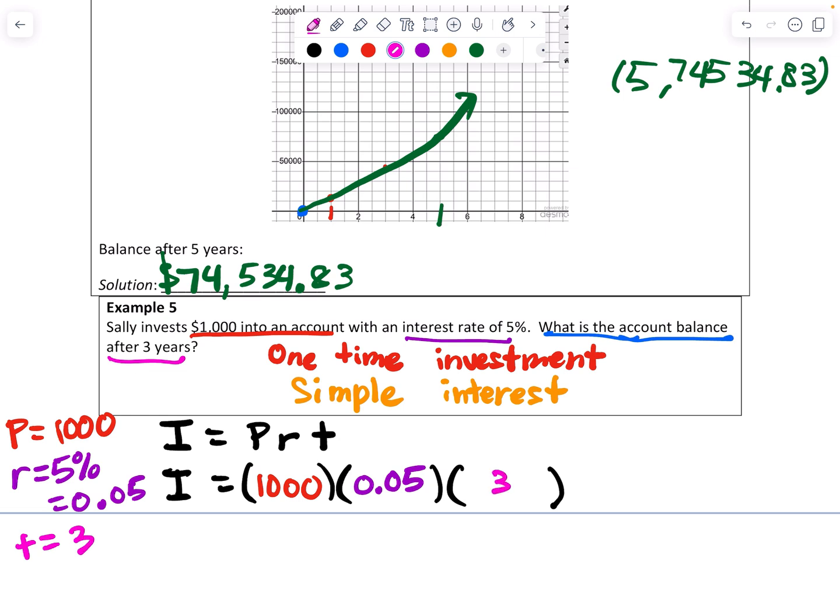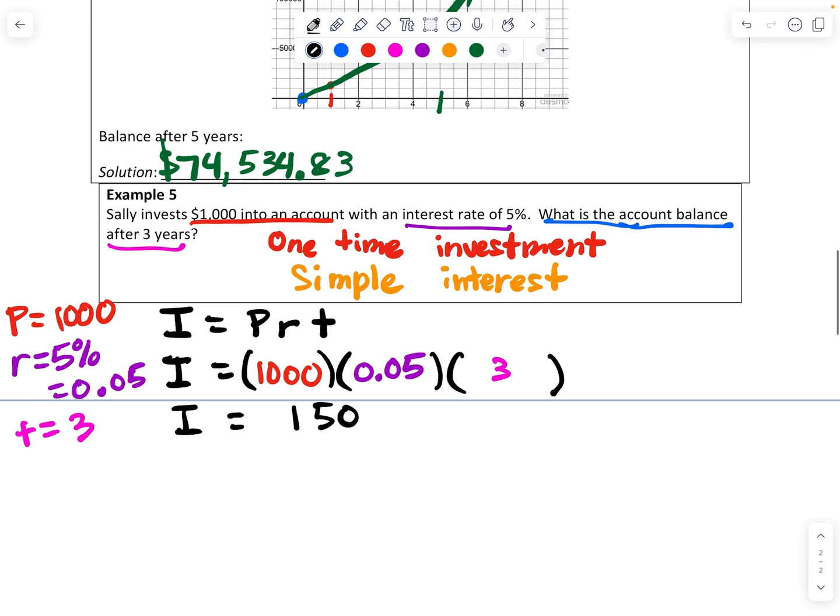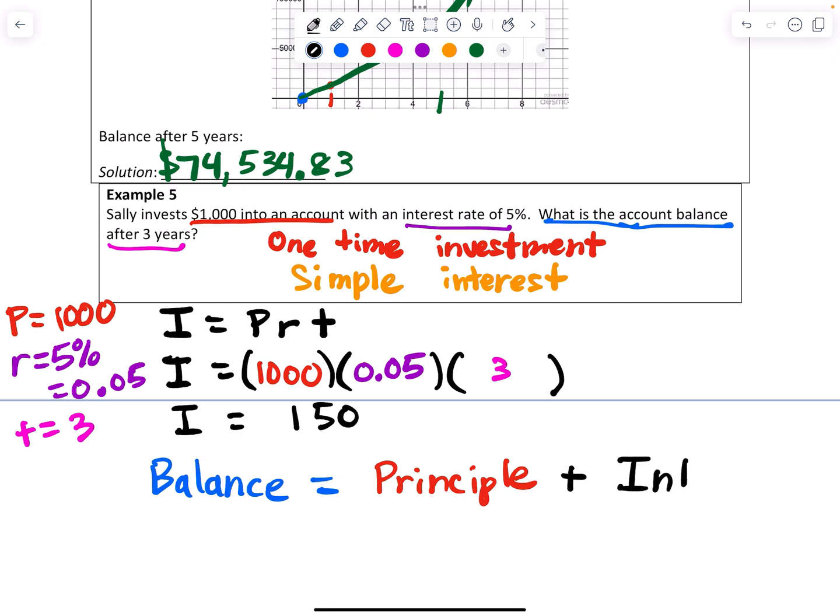Now, if you multiply these, 1,000 times 0.05 times 3, we will find that the interest equals 150. Okay, now remember, for simple interest, all that means is that the interest is $150. You take the original amount that you started with plus the interest that is earned.